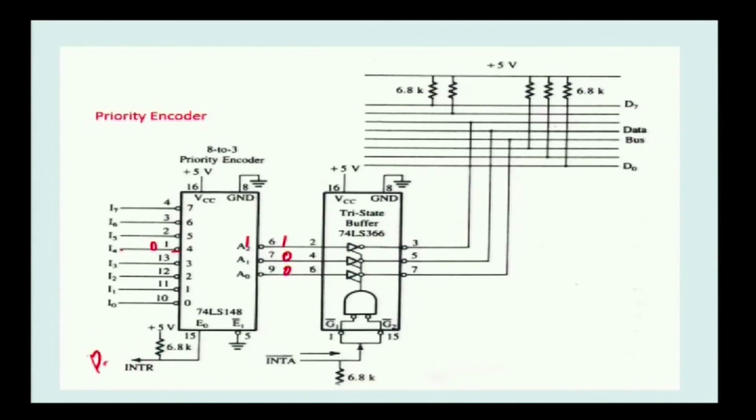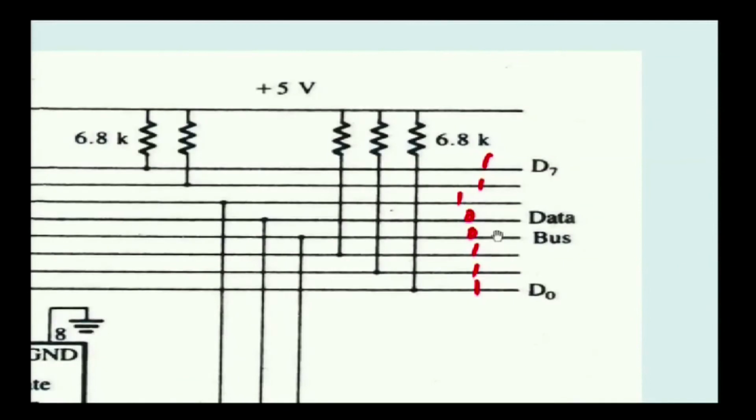After performing its request, the processor sends the acknowledgement signal. After enabling this acknowledgement signal, this buffer will pass the signal 100 as output. Already we have the signal 1 1 1 1 1. Now, the value was 0 0 1. So, what is the value of this?